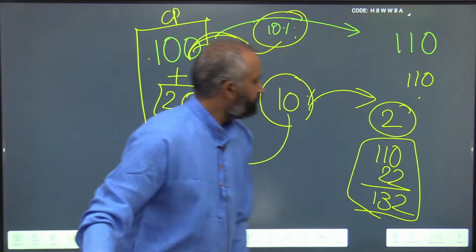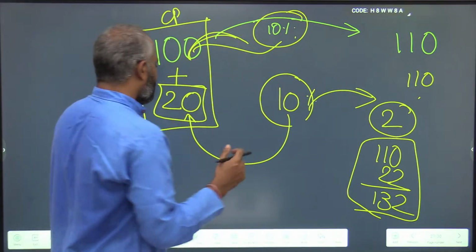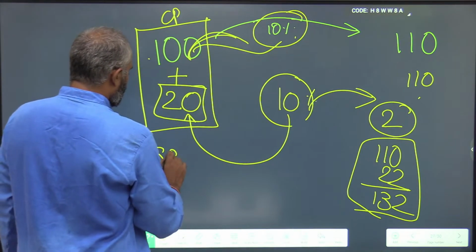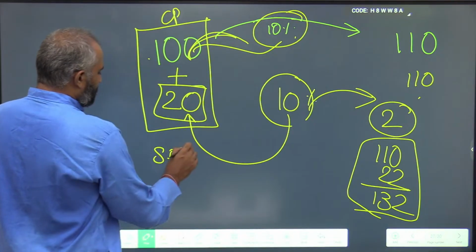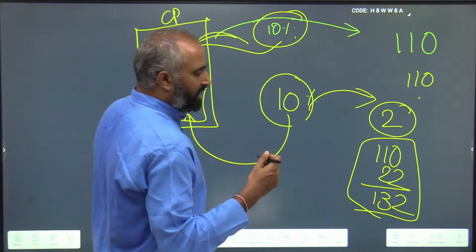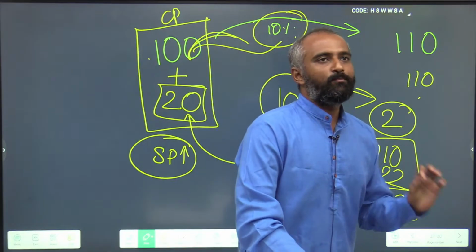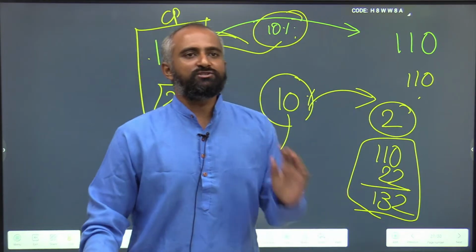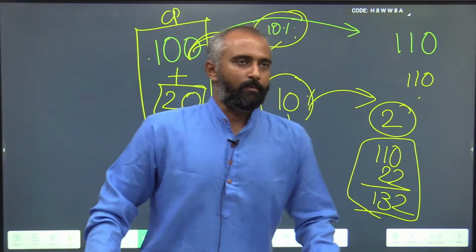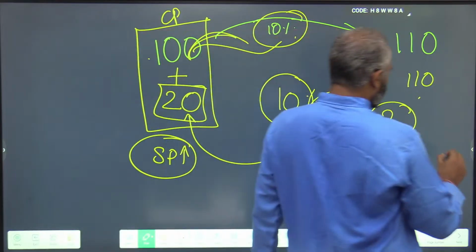So what is the idea that we get here? Always, your SP has to be increased by a higher amount to maintain the same profit percentage. Now let's get back to the problem.